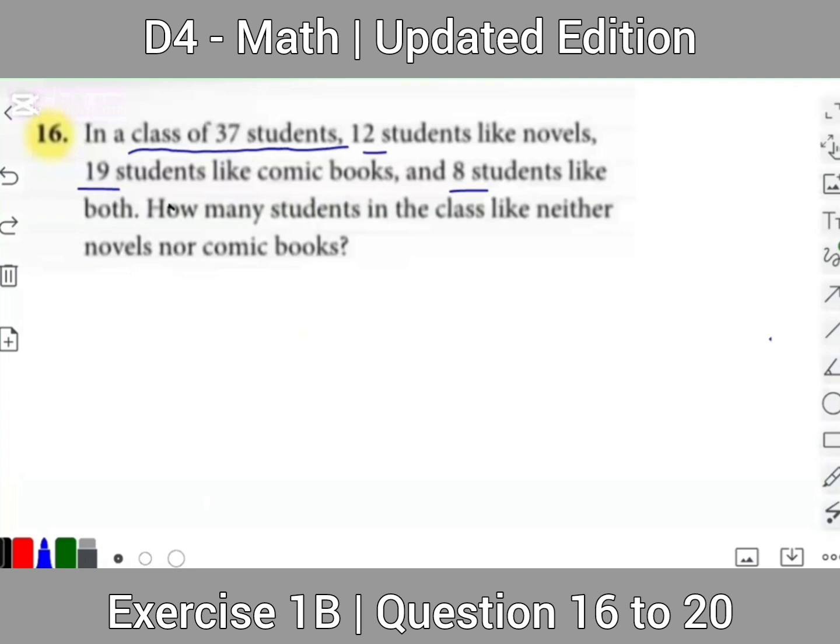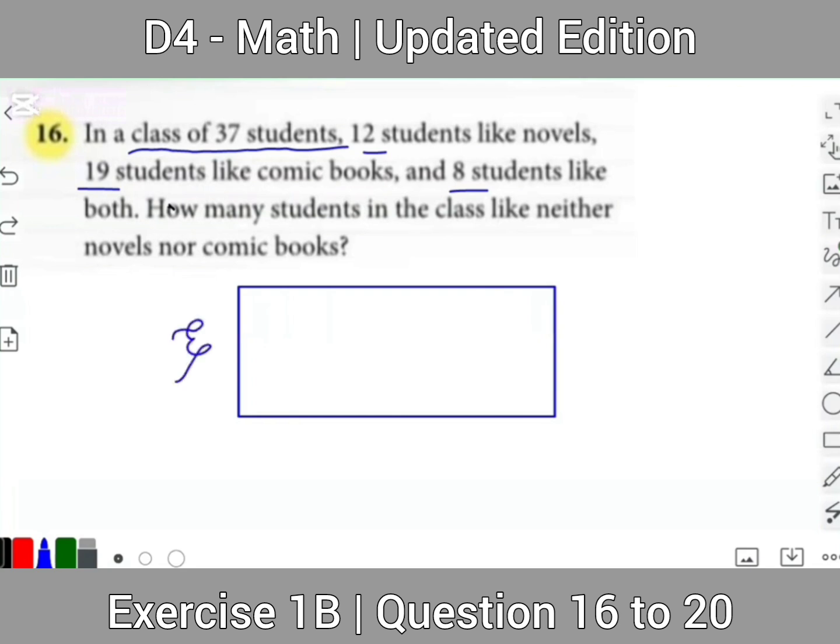Now we will draw a Venn diagram to understand the word problem easily. So here we have a universal set represented by a rectangle. Inside it, we have two overlapping circles representing the sets N and C respectively. There is no need to write down all the elements of the set in a Venn diagram.